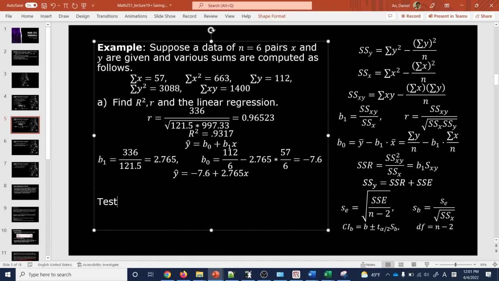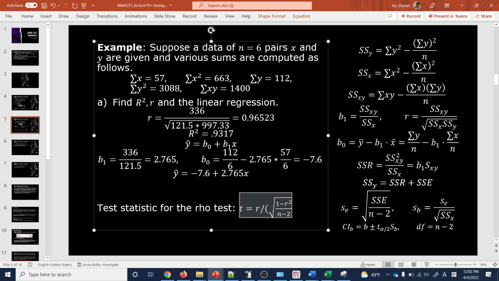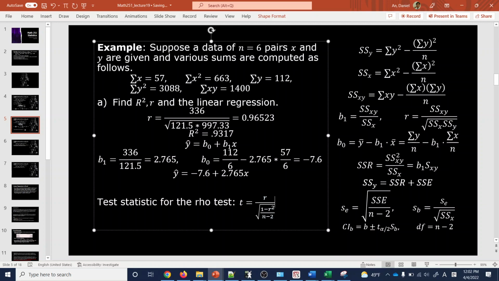So the test statistic for the rho test is this: T equals R over the square root of (1 minus R squared) divided by (n minus 2). Okay, so that's the test statistic for the rho test.